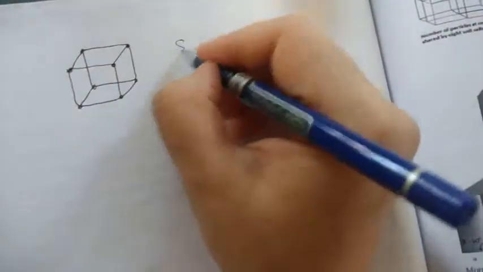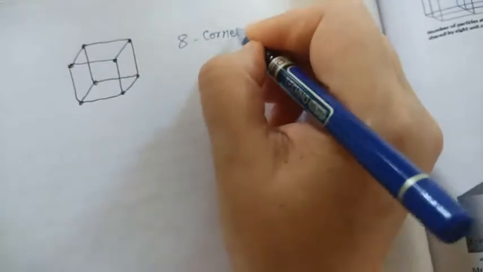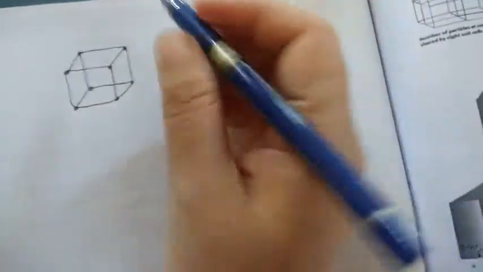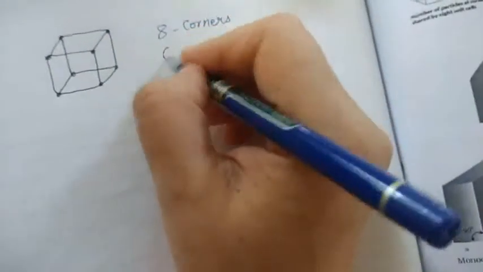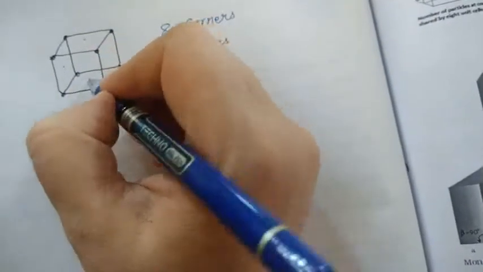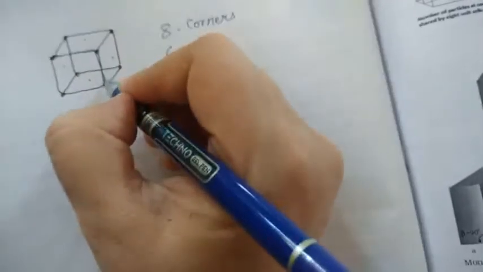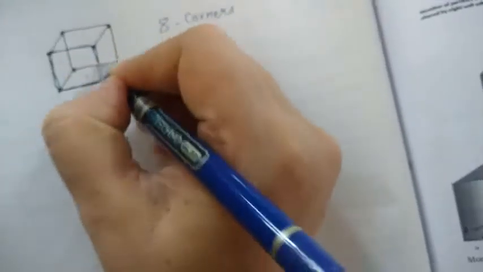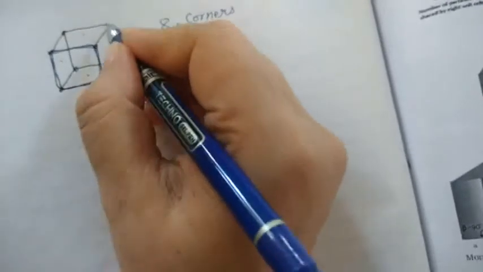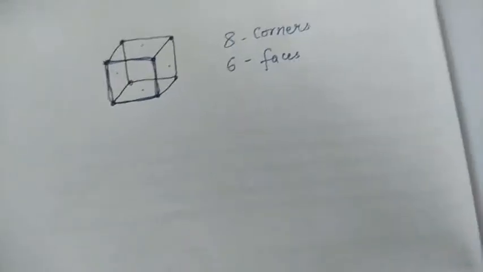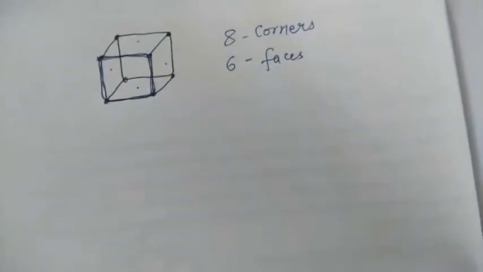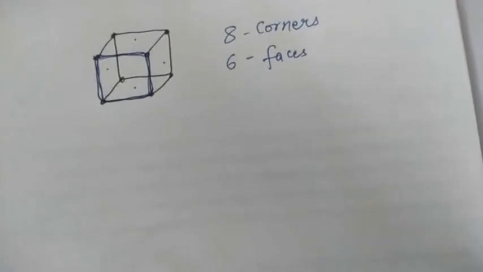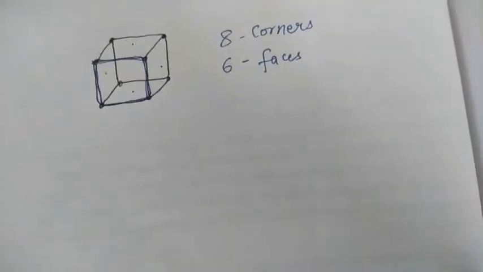A unit cell has how many corners? 8 corners. Then we have to talk about faces. How many faces are there? 6 faces: 1, 2, 3, 4, 5, the front one, and the 6th one. How can you understand the faces? Take the dice of Ludo. What is the maximum number you can get with a dice? 6. It means 6 faces are there in a cube.